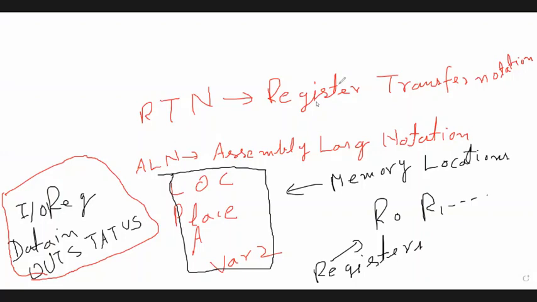So now let's see how it actually works. For example, there is a memory location LOC whose contents you want to transfer to register R1. So this will be represented like this. The bracket is saying that it is the contents of memory location LOC.